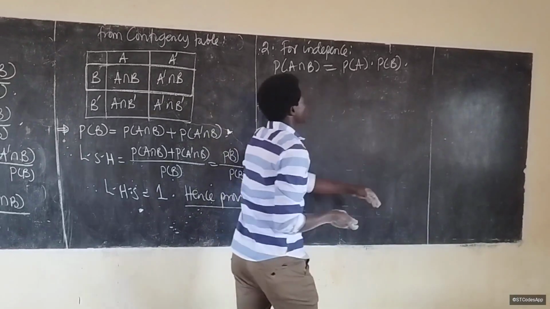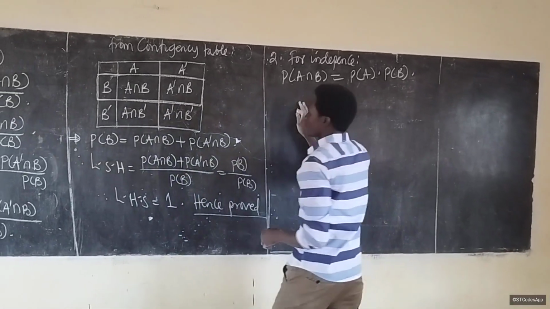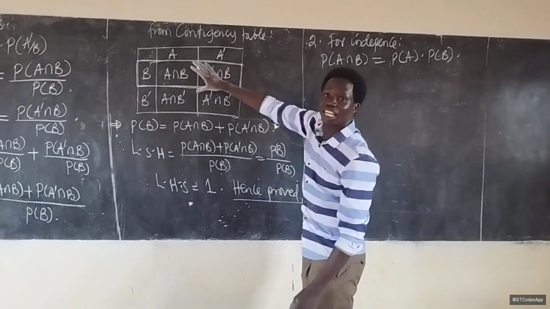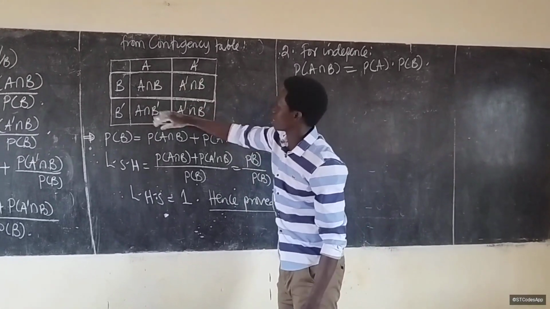So let me first see how we can get this from our contingency table. I'm not going to draw another contingency table. I'm going to use this same one.